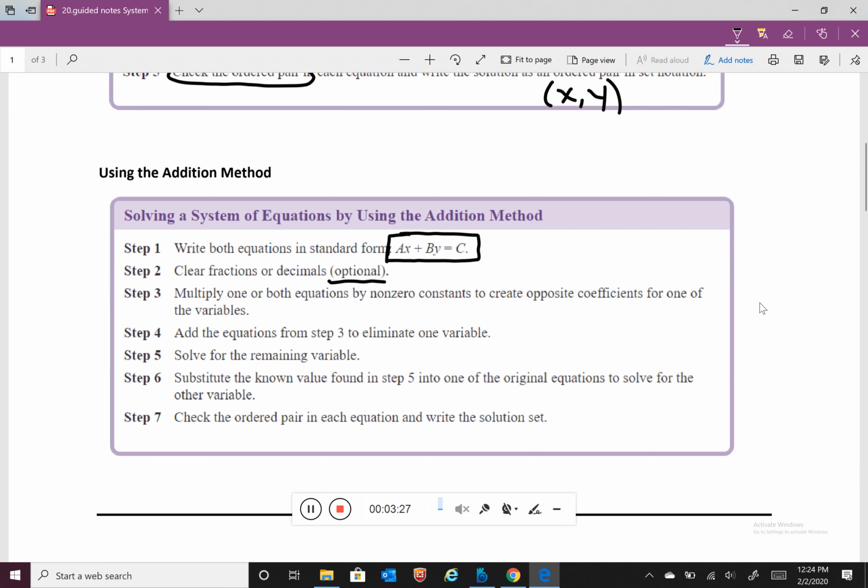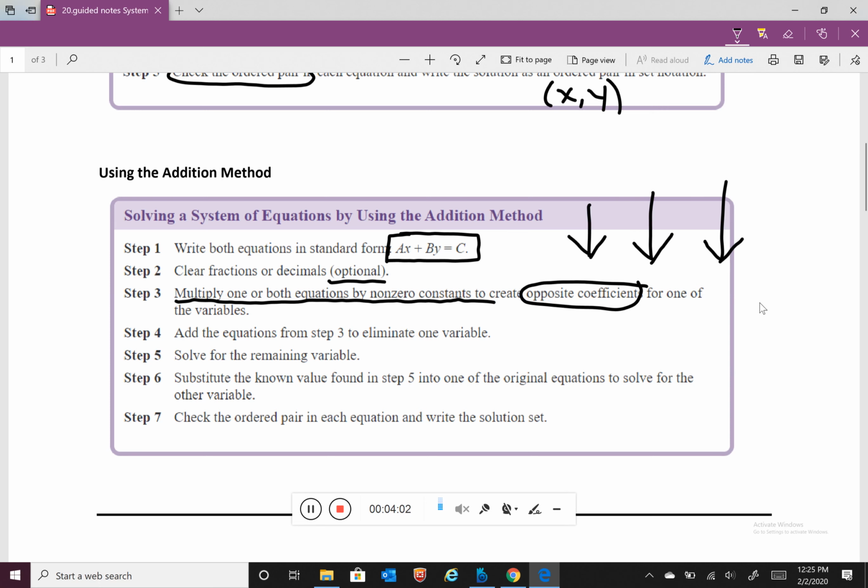But sometimes, as they originally exist, they're not going to cancel. So that is why we might have to multiply one or both equations by a non-zero constant to create opposite coefficients for one of the variables so that a variable cancels.